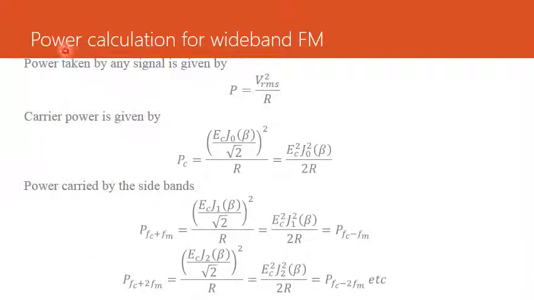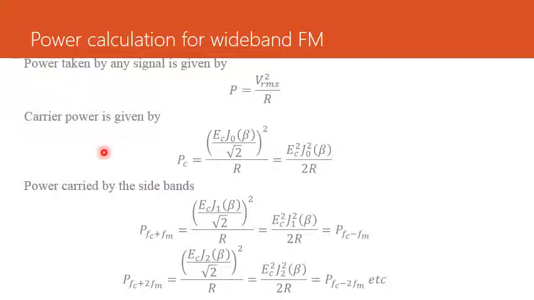Now we can derive the expression for the power calculation for wideband FM. The power taken by any signal in an electrical circuit is given by P is equal to V RMS square divided by R. In the spectrum we have the carrier signal with an amplitude of Ec into J0 of beta by root 2.